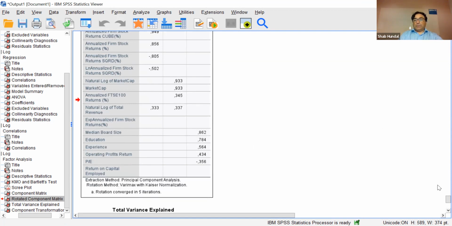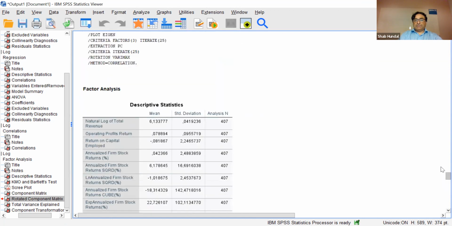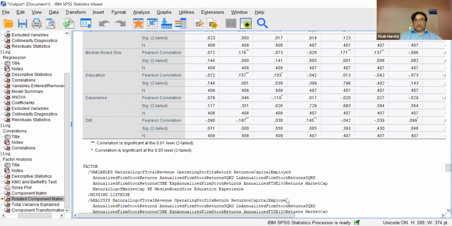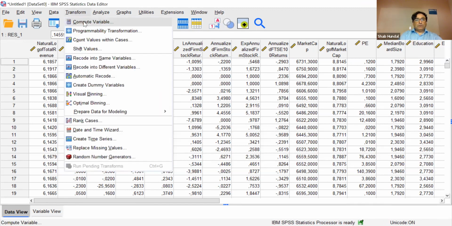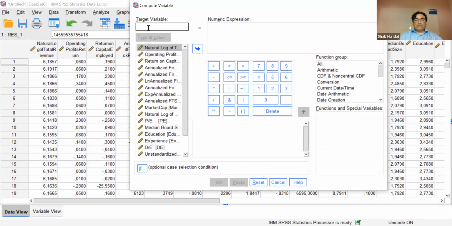Now we go back to our original data. If I stop sharing it, and then we go to transform. Can you see the screen, Stefan? Yeah. Okay. So we transform. Here we compute the variable, and let's call it Z1, the target variable.